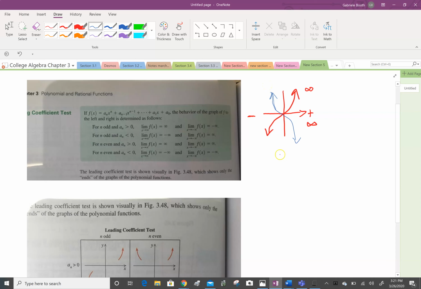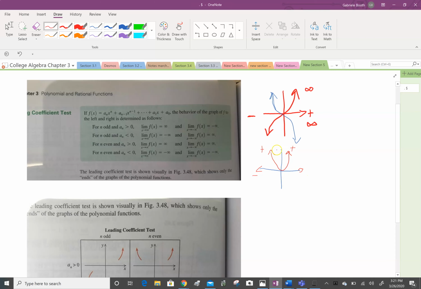Now, if the degree of a polynomial is even, you really just need to think about the parabola. The parabola opens up if a is positive, if your leading coefficient is positive. So as x goes to positive infinity, y goes to positive infinity, and as x goes to negative infinity, y also goes to positive infinity.